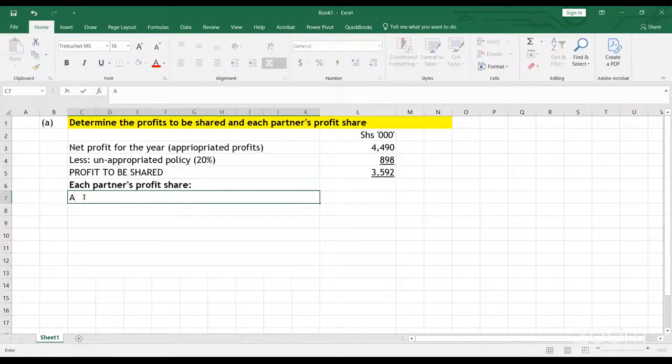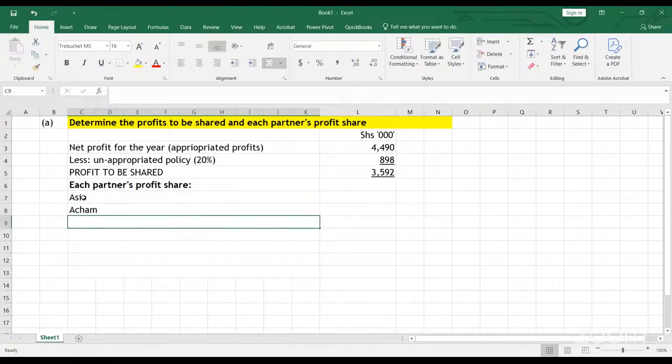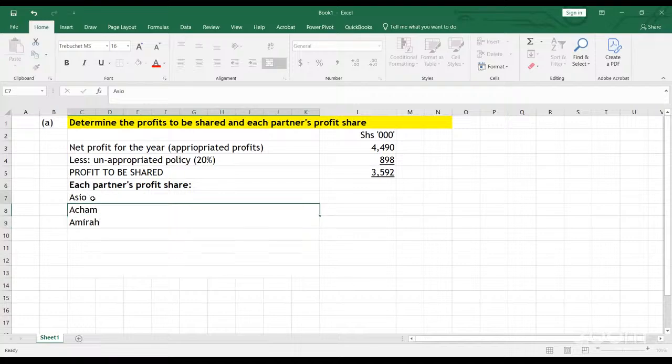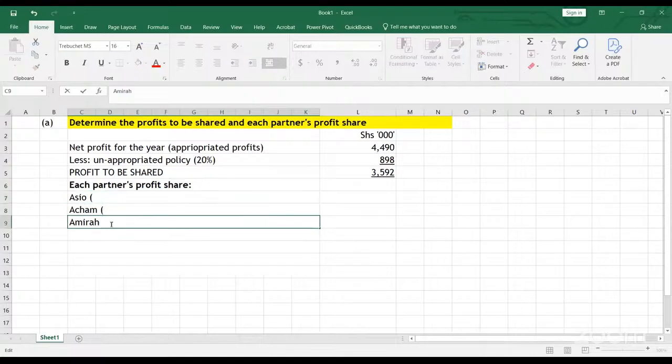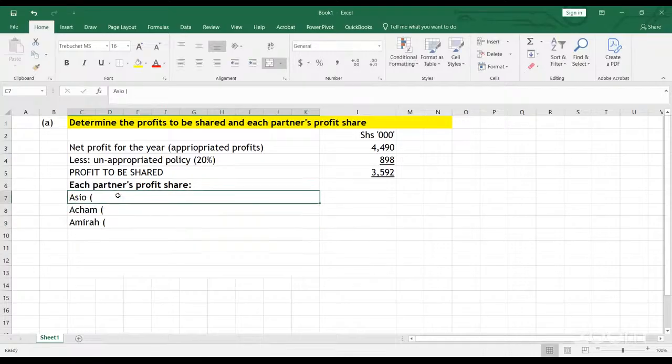We have CEO, we have Cham, and then you also have Amira. What is their ratio of sharing profits? What is the profit sharing ratio?